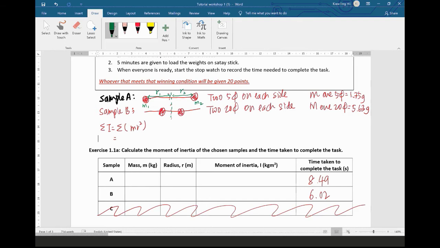So for sample A, total I equals total m r squared, so it equals m1 times r1 squared plus m2 times r2 squared.